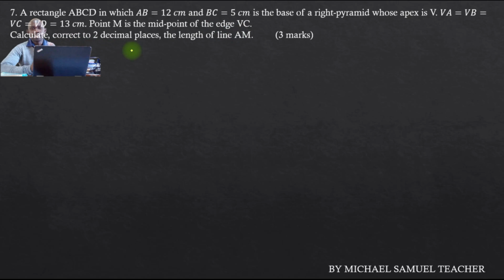Calculate, correct to 2 decimal places, the length of line AM. Also here, it comes from the topic of three-dimensional geometry, or 3D geometry, and in our case we need to identify lines, we need also to identify the planes and the use of Pythagoras theorem.